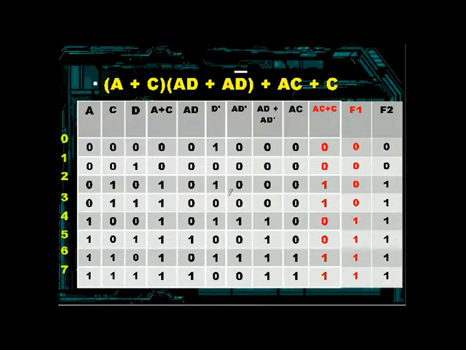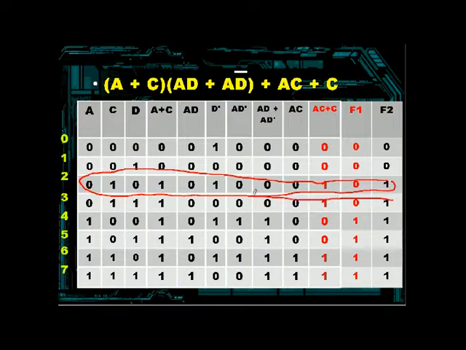What did they ask for? Then they asked for sum of product, SOP. So I go and take the ones. This is a 1. This is a 1. Mainly I'll take all of those ones as sum of product.